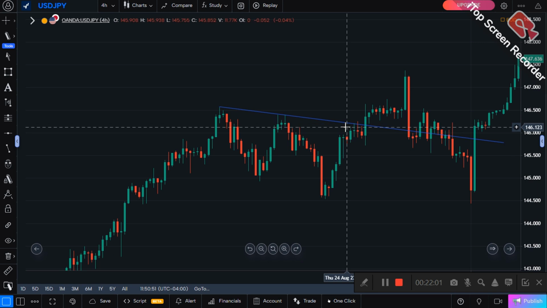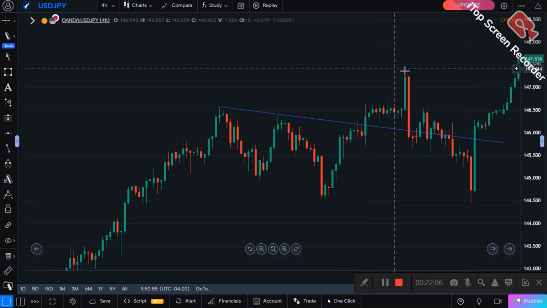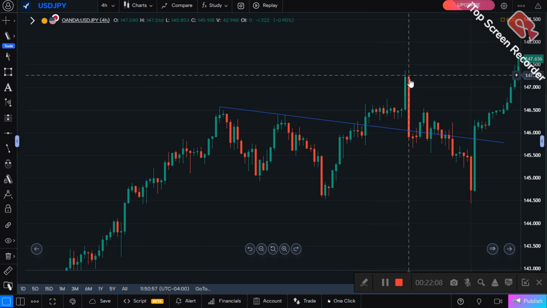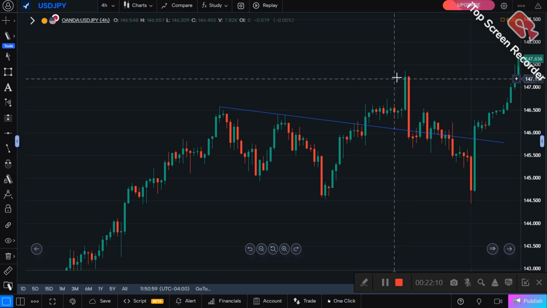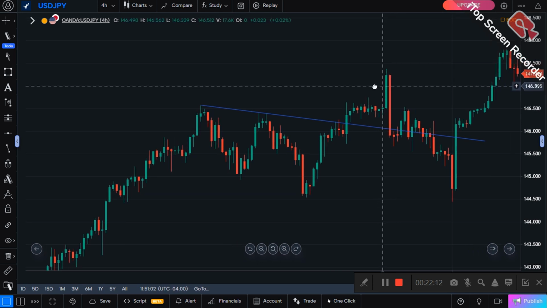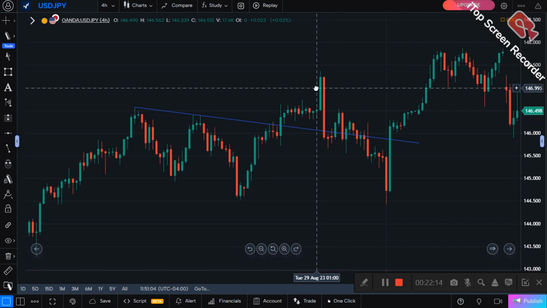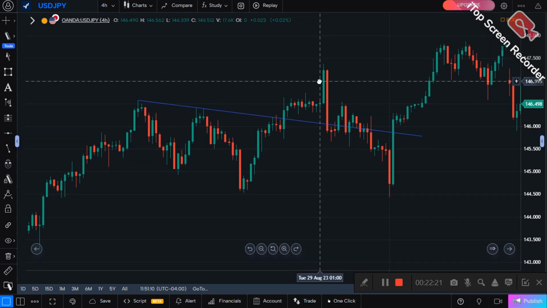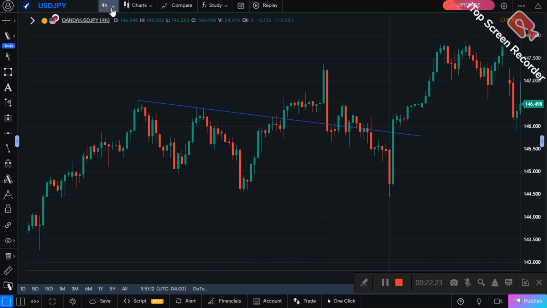When they enter at that retail resistance, their stops are there at this point. The market does this every single day, every single hour, every single week, in every single time frame.